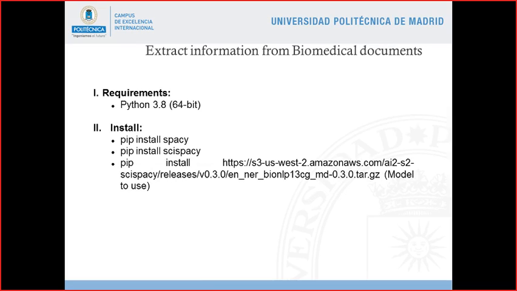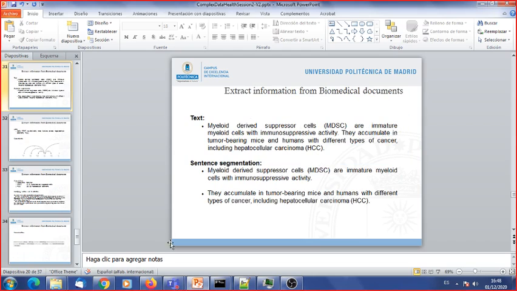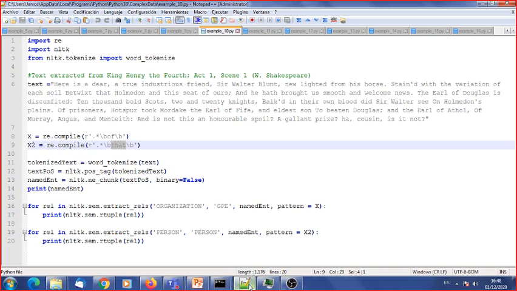So we are going to extract information from the biomedical document. We have 10 minutes, so I will run the scripts. This is the text that I will use, and first of all, I will segment the sentences as we did before.